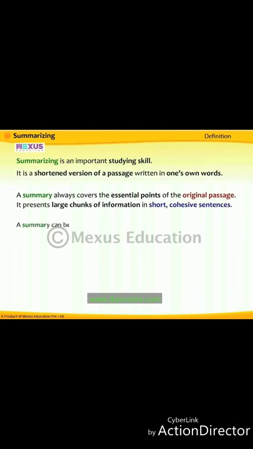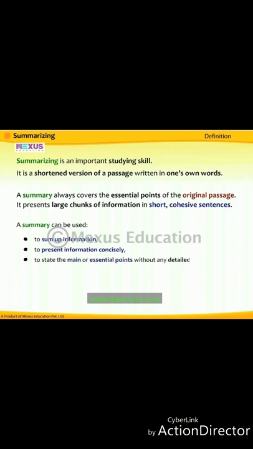A summary can be used to sum up information, to present information concisely, to state the main or essential points without any detailed explanations, to refer to a body of work, to give examples of several points of view on one subject.